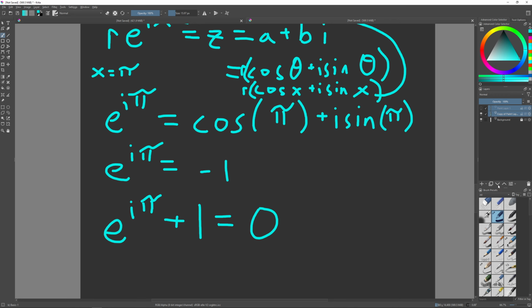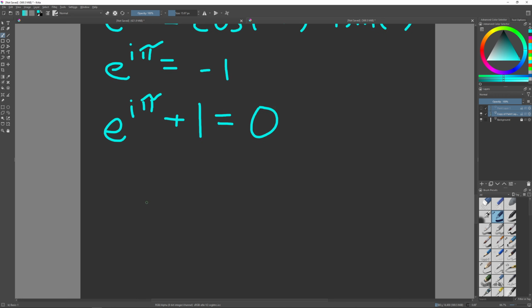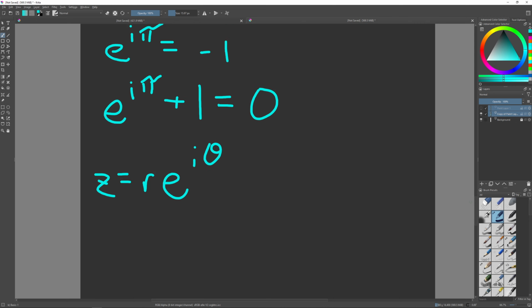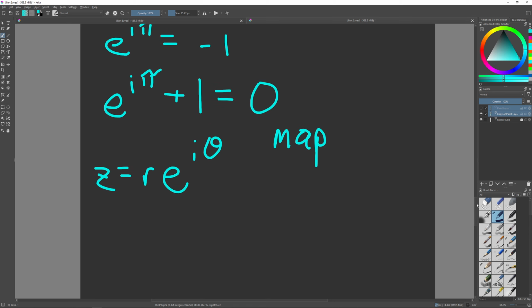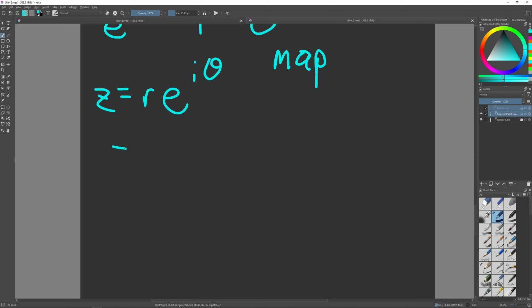But now we have this wonderful thing where we have some r times e to the i theta we can use to represent some complex number. So you can think of this as a map, and a map is also just a function. It's more than just a map, because it's saying any complex number can be represented in this form with some r and some theta.